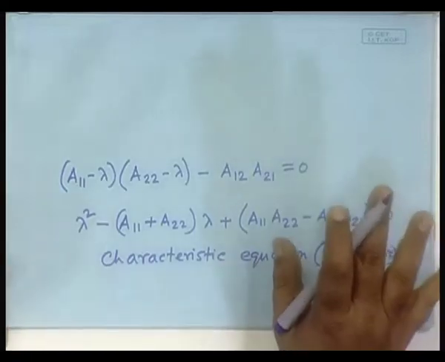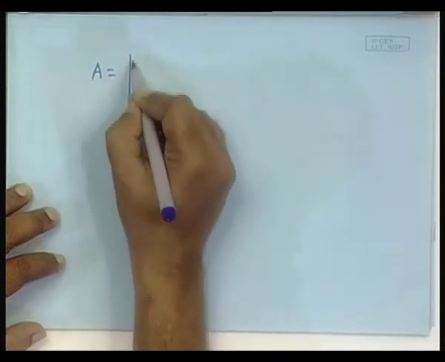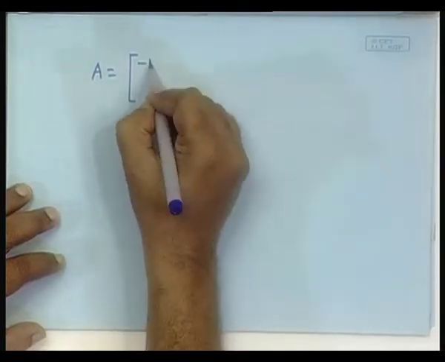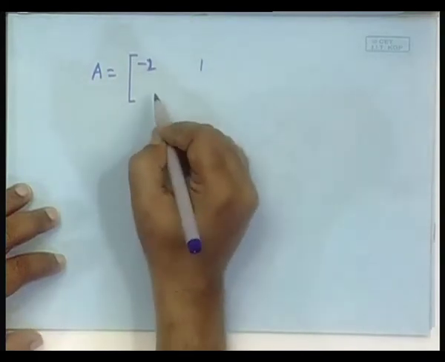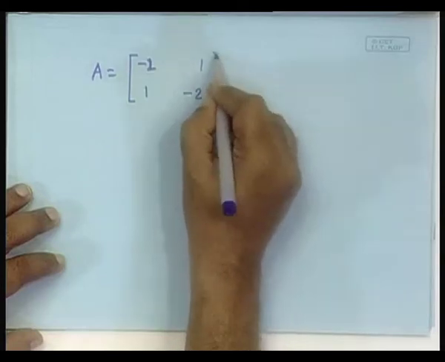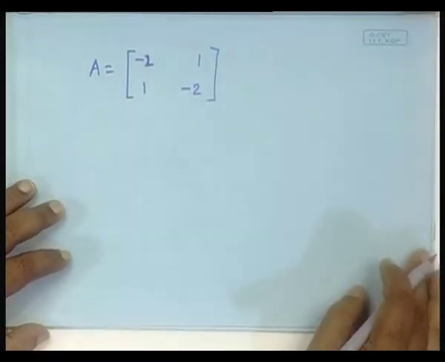Let us just do one problem. Suppose your A matrix is minus 1, minus 2, 1, 1, minus 2. Then what are the eigenvalues?